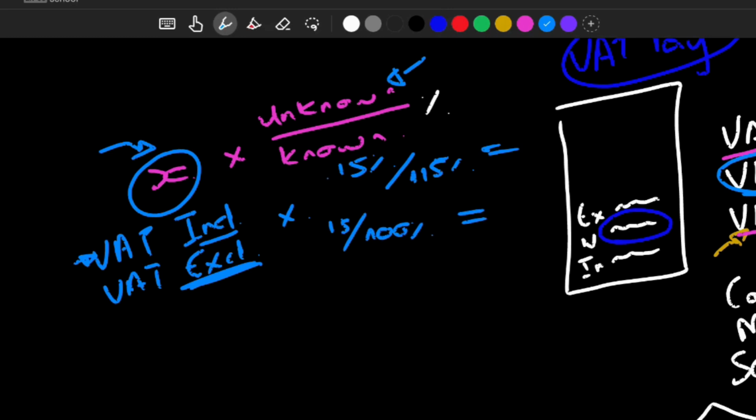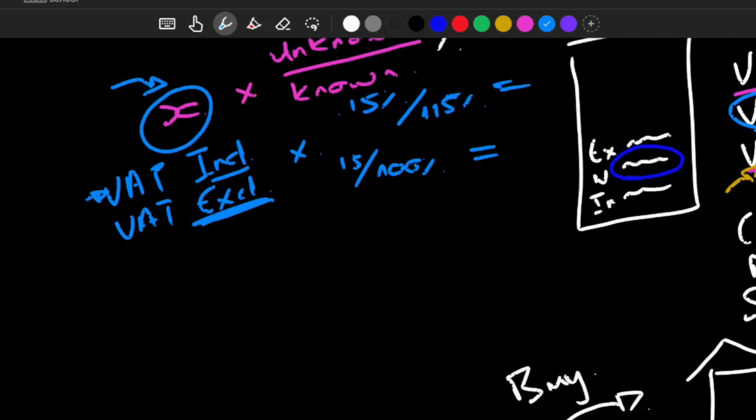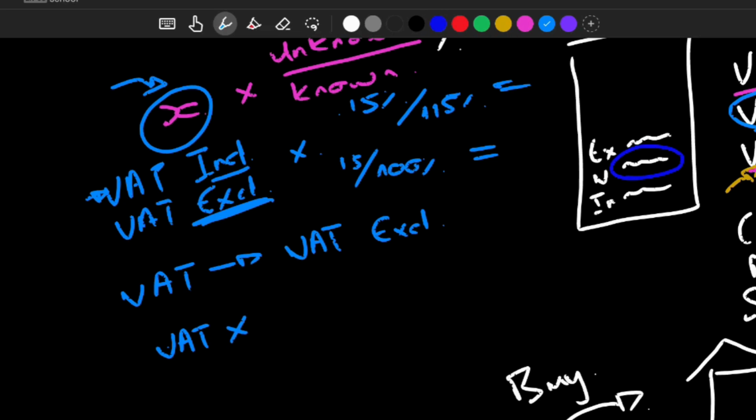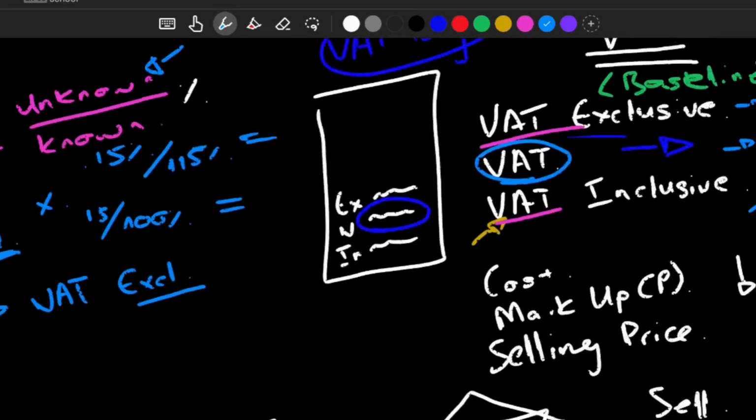So you can use this with anything. You can work it the other way around. If you have your VAT amount and they want you to find your VAT exclusive amount, all you're going to do is say, what is my VAT amount in the place of X, the actual amount that I'm paying, multiplied by what is my unknown VAT exclusive.